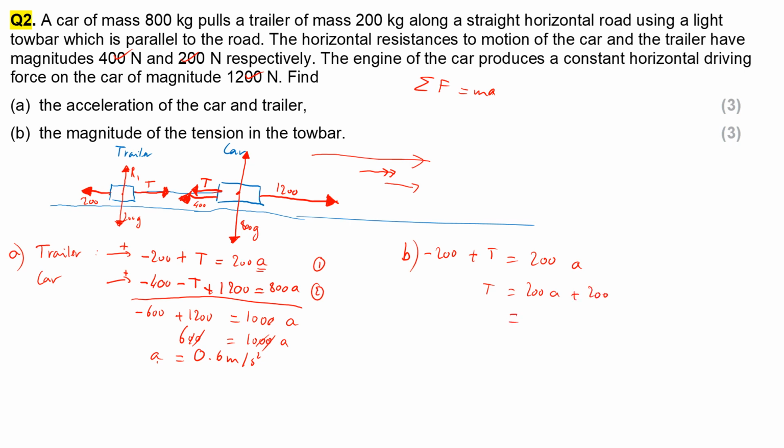And we know that a is 0.6, so it's 200 times 0.6 plus 200. I've got a calculator near me, so that's 200 times 0.6, and I'm going to add another 200, and that gives me 320. So my tension is 320 newtons.